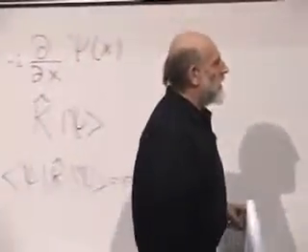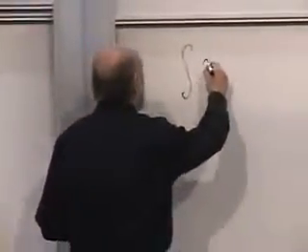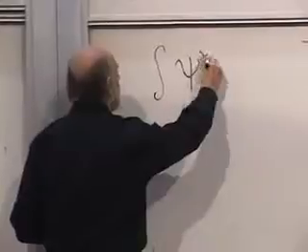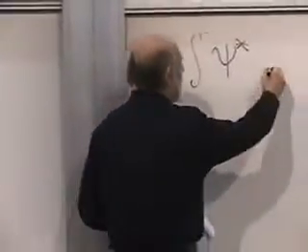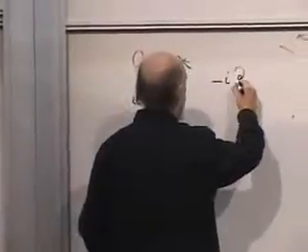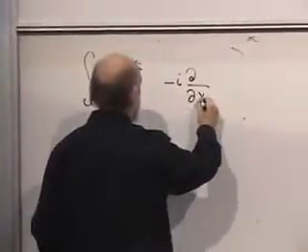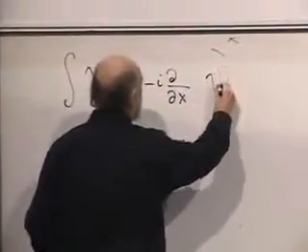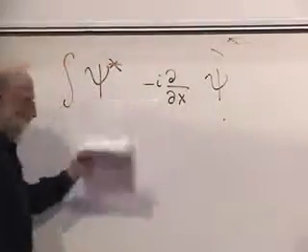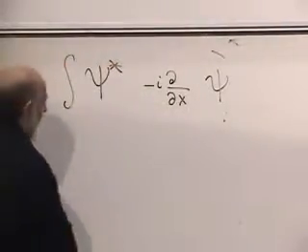Let's check it. We have to calculate psi star, that's the bra vector, K hat, which is minus i d by dx, times psi, the integral of psi star times minus i d psi by dx, dx.